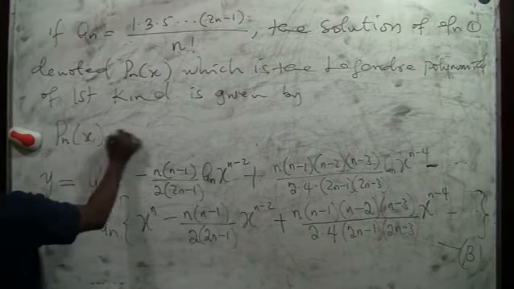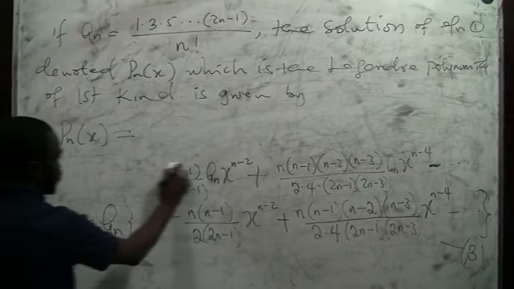P_n of x equals, we now go to equation beta.